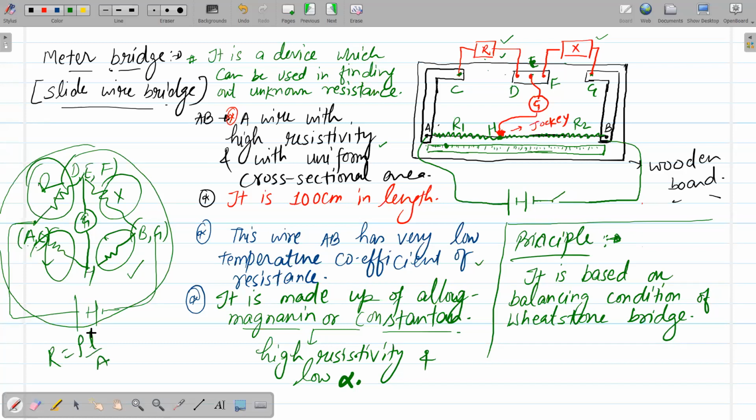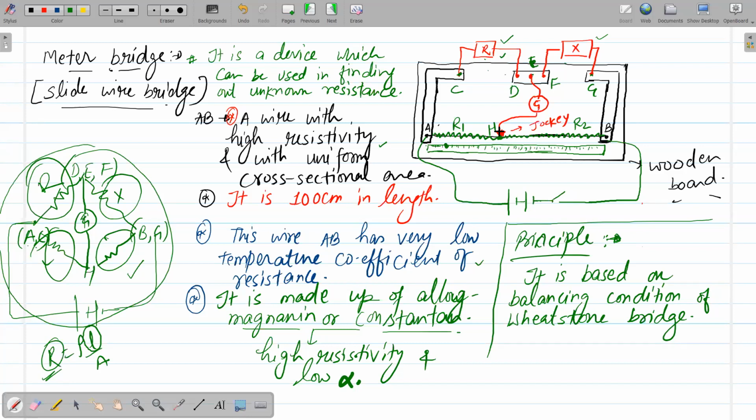Listen to this carefully. If the length varies, then definitely the resistance will also vary, right? If this length is varied, then this resistance value will also vary.